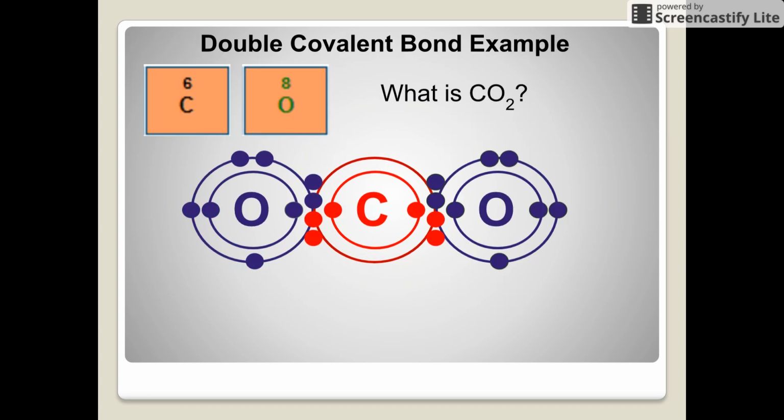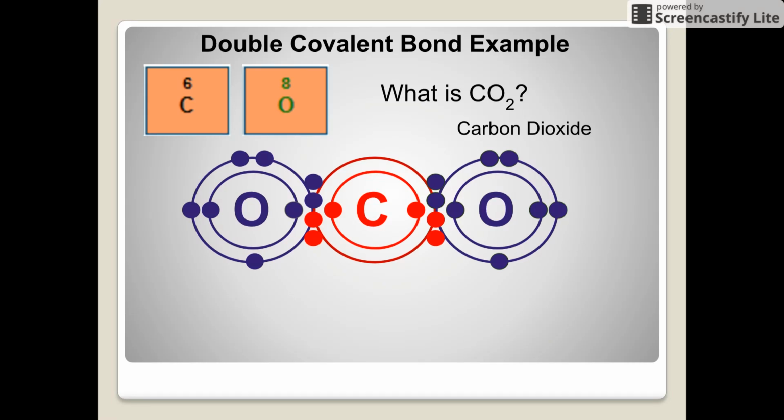An example of a double covalent bond would be CO2. This should sound familiar to you. Do you know what this is? It is carbon dioxide. So when you look at this picture, you see that each atom is actually sharing 2 electrons. And this is called a double covalent bond.